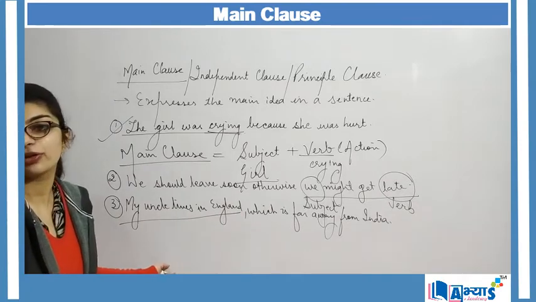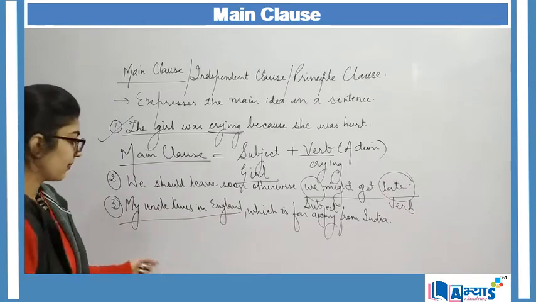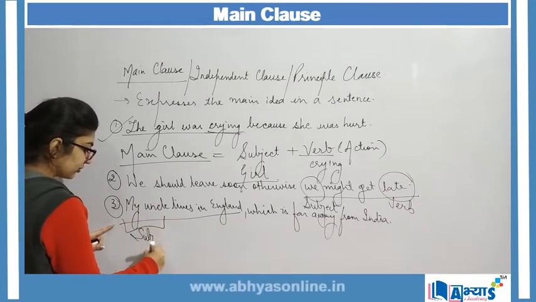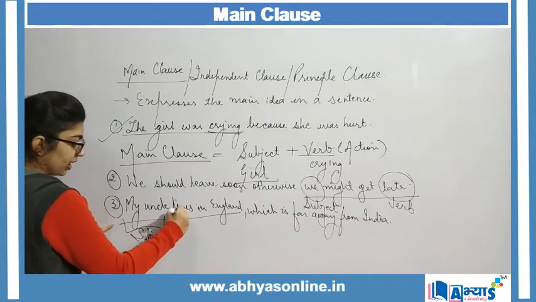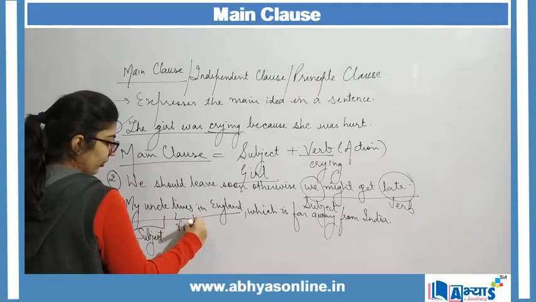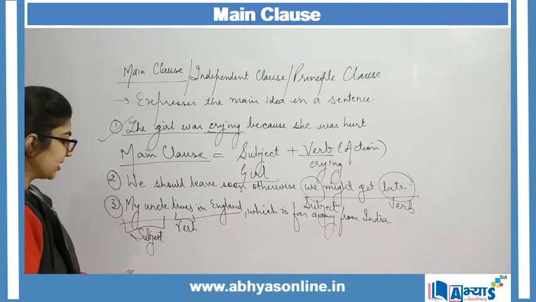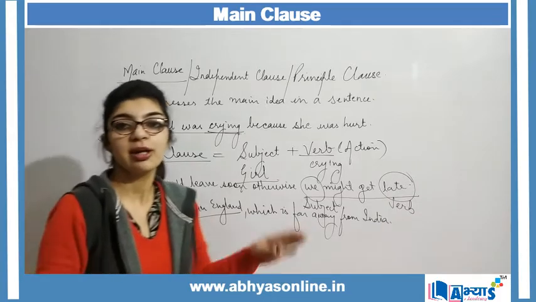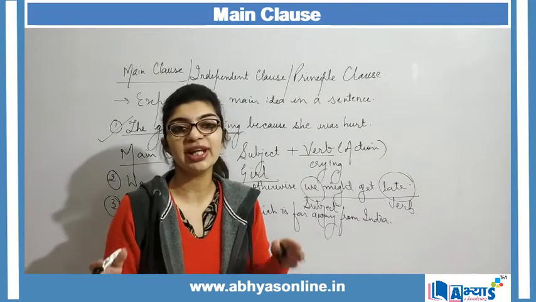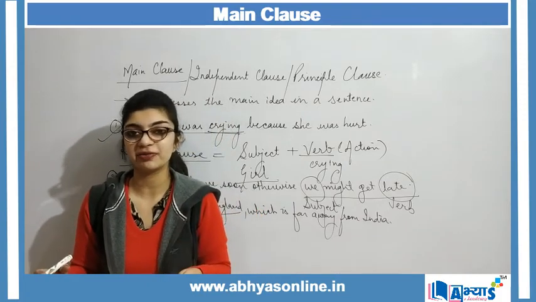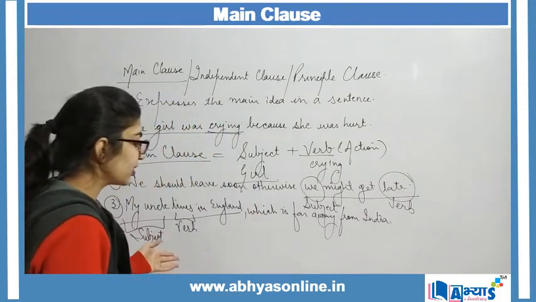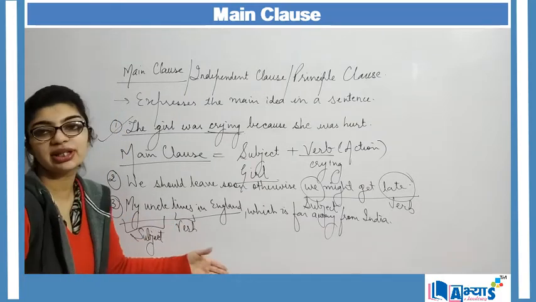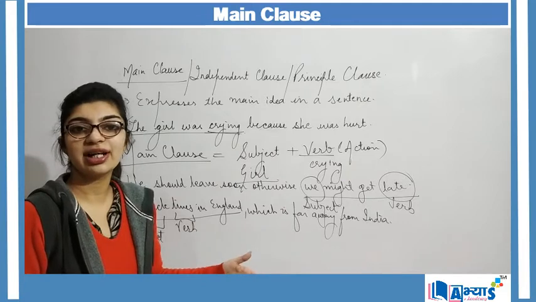This is my clause. My uncle over here is the subject. Lives over here is my verb. If I get a subject and a verb in my clause, that clause becomes my main clause, because the main clause usually expresses the main idea of the sentence. The main idea of the sentence is that my uncle lives in England.